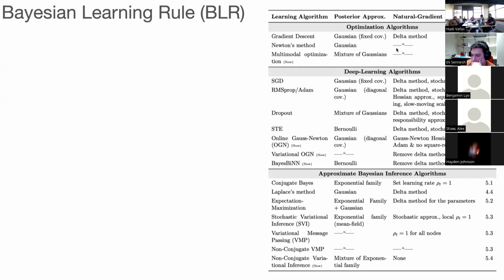What I want to highlight is that some of these are well-known algorithms like RMSprop, Adam, dropout, Newton's method. However, there are these little things in parentheses, "new". Let's look at those. These are new algorithms that the authors of BLR derived by applying their framework in a top-down manner.